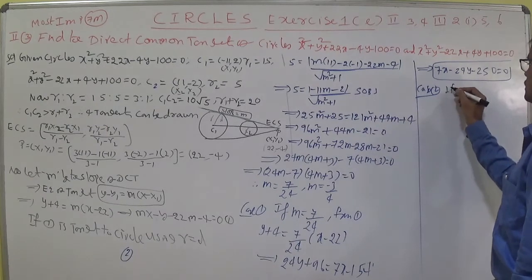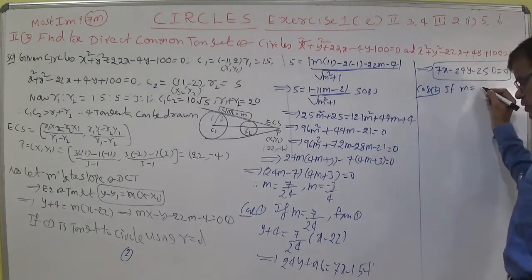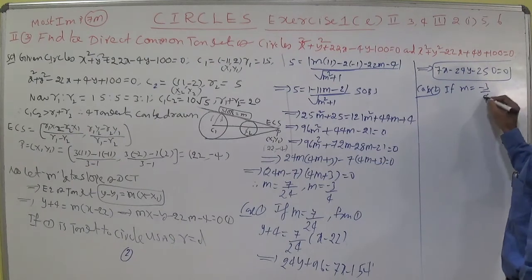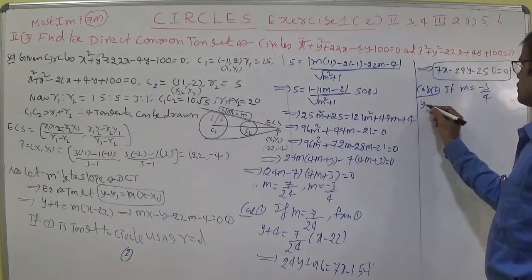Case 2, that is, if m is equal to minus 3 by 4, substitute the value from 1.